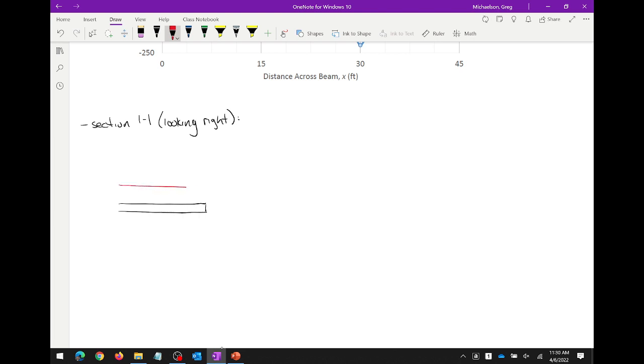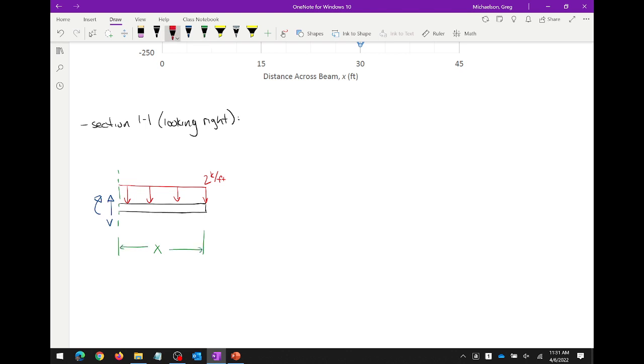We have a distributed load, 2 kips per foot. We have an unknown shear, an unknown moment. Remind me, what's this distance? X. We'll just call it X. We'll keep it simple.